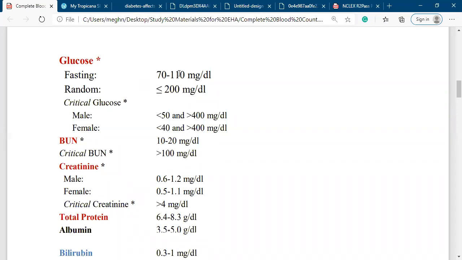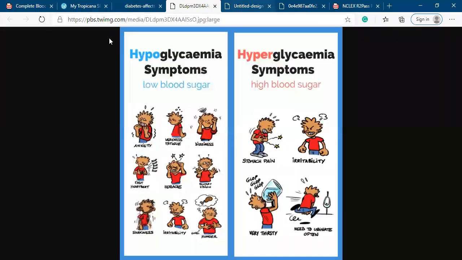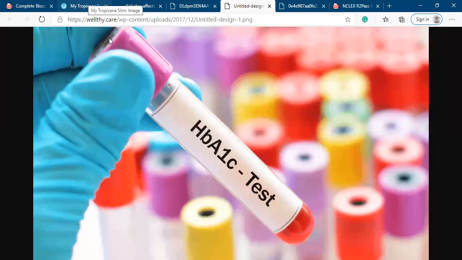So if it is more than 110, it indicates diabetes mellitus. And here we said the most confirmatory test of diabetes mellitus is called hemoglobin A1c. In diabetes mellitus, the blood glucose is altered.